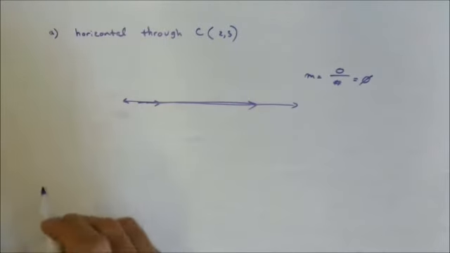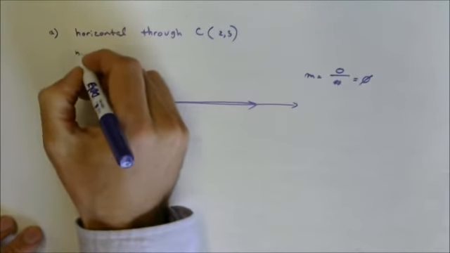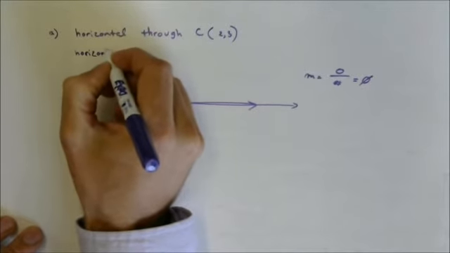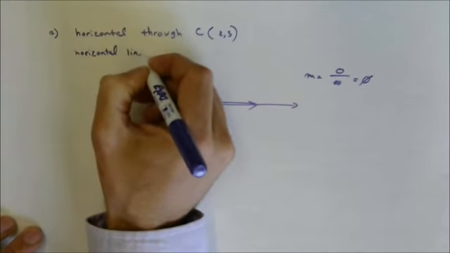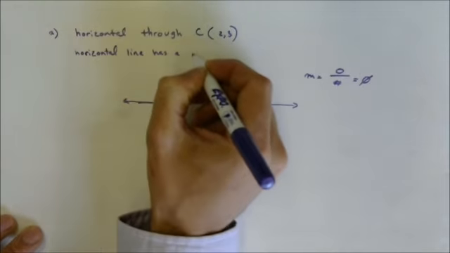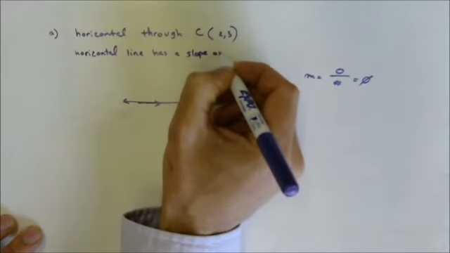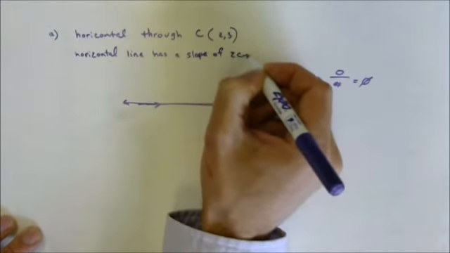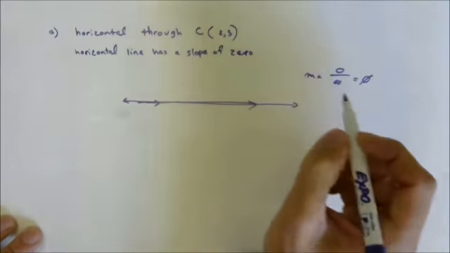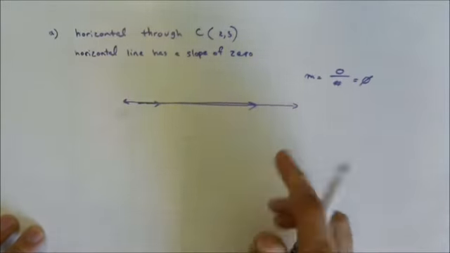There's a couple different ways to think about it. We'll think of it this way first. Horizontal line has a slope of 0. It doesn't rise no matter how far you run.